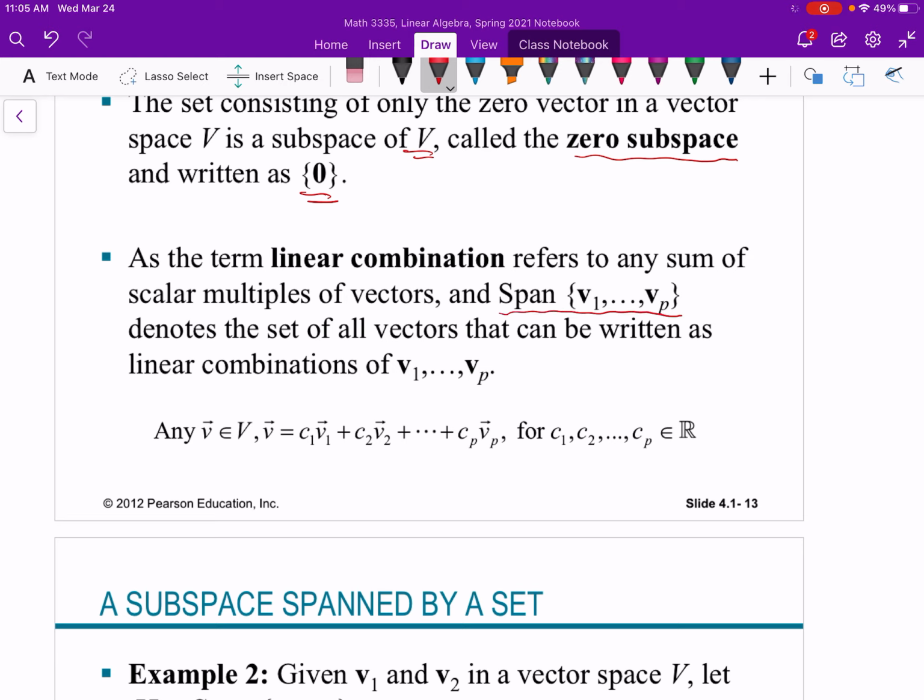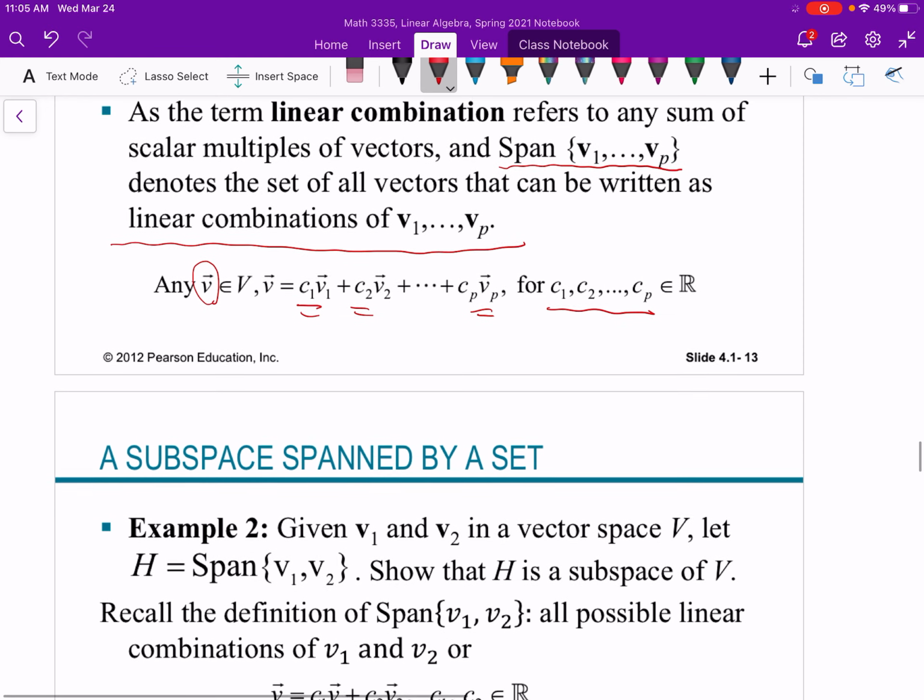The span of v1 to vp consists of all possible linear combinations of v1 to vp. By definition, any vector in the span is a linear combination of v1 to vp, where c1 to cp are constants.